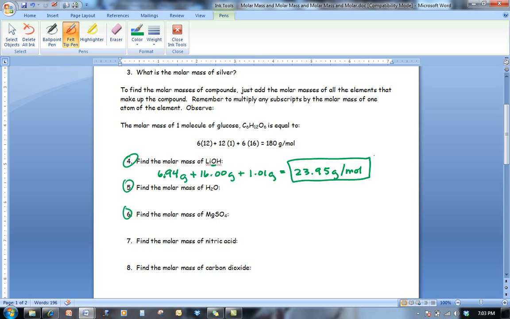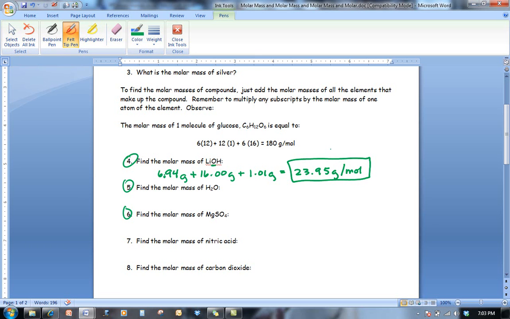So what this means is that if you weigh out 23.95 grams of lithium hydroxide, you know that you have a mole of lithium hydroxide. Another way of saying that is that 1 mole of lithium hydroxide weighs 23.95 grams.